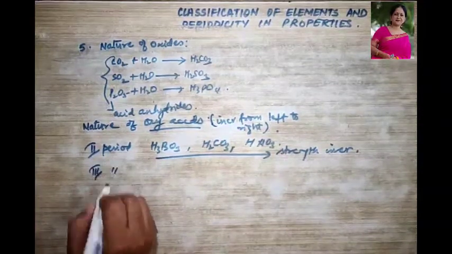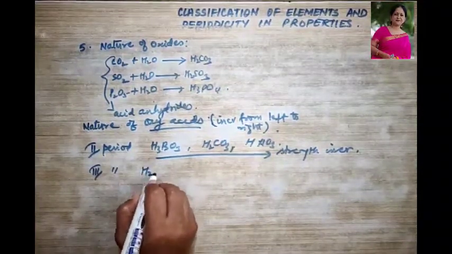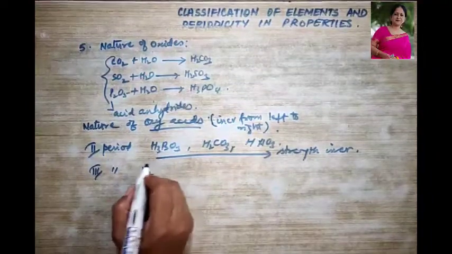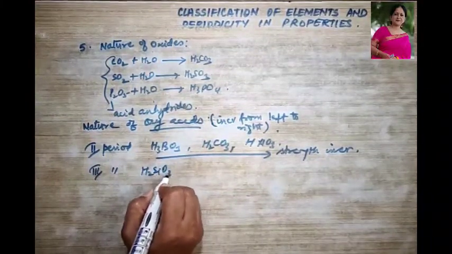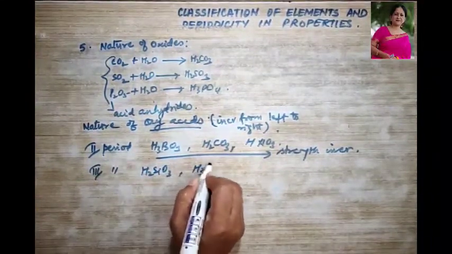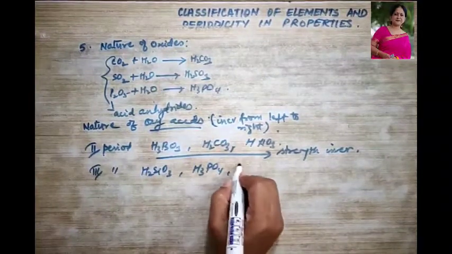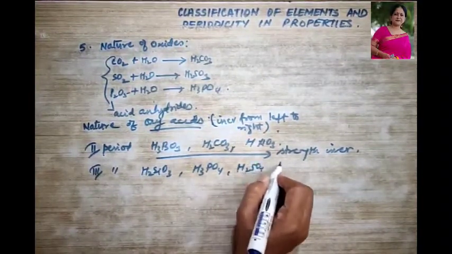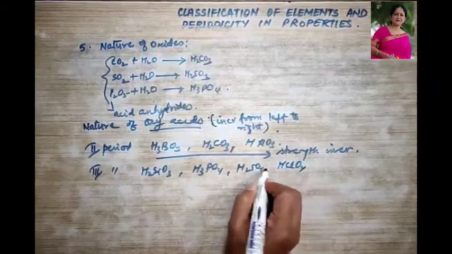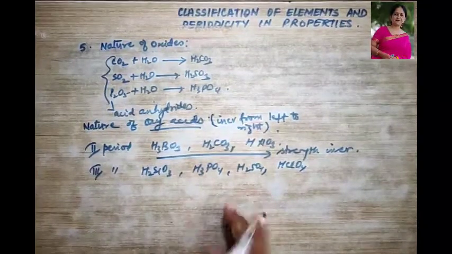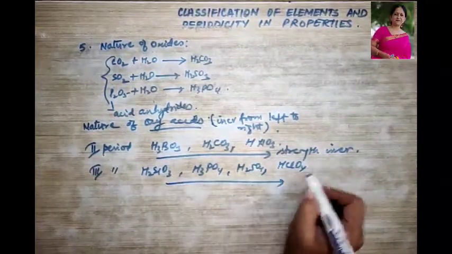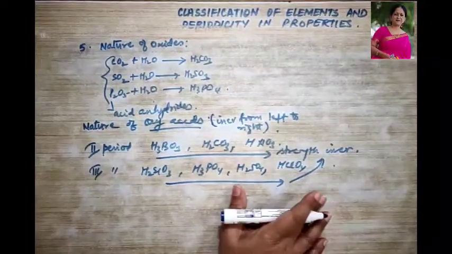Then let's go to the third period and check. The first acid that will be formed will be H2SiO3. Then it will be H3PO4. Then H2SO4. Then HClO4. So over here also, the strength is increasing.